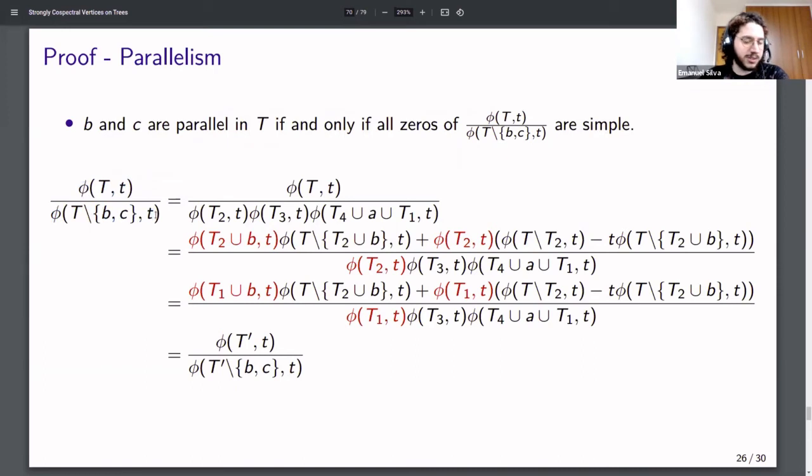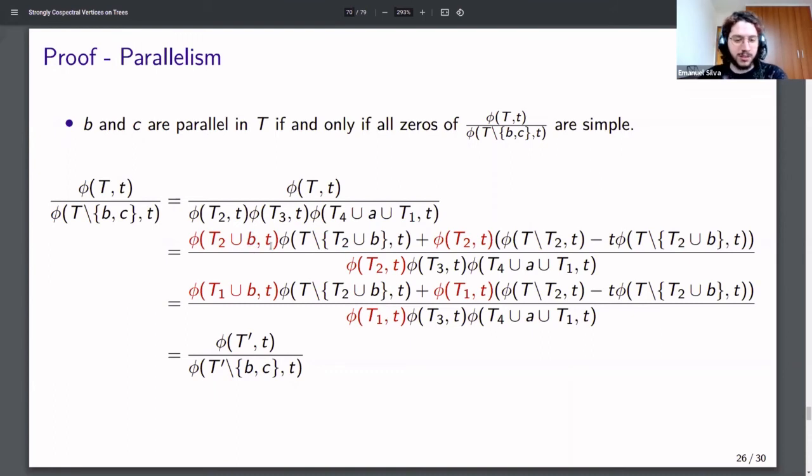But this rational function, we can rewrite in another form. So if we remove vertices B and C, we have three components, one containing T2, one containing T3, and another containing the rest. And if we apply one sum to phi of t, applying one sum at vertex B, we have this expression. I'm highlighting here the terms which contain T2 and B.